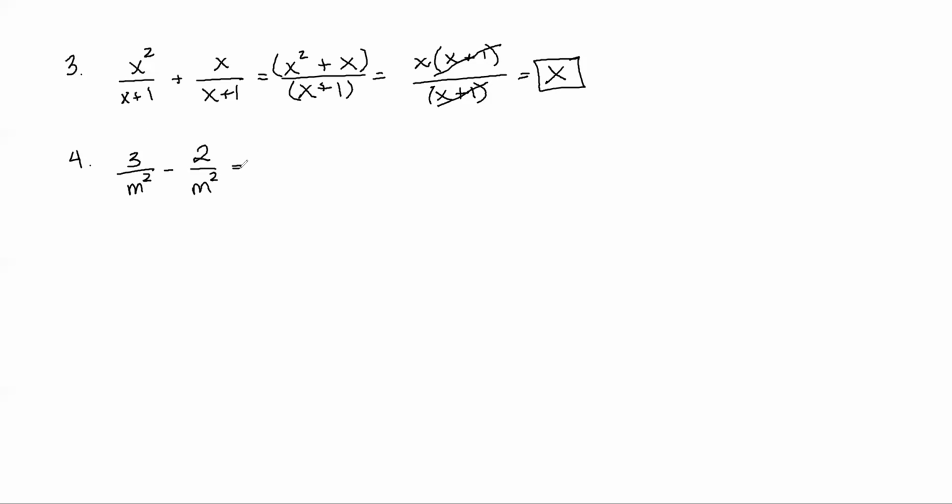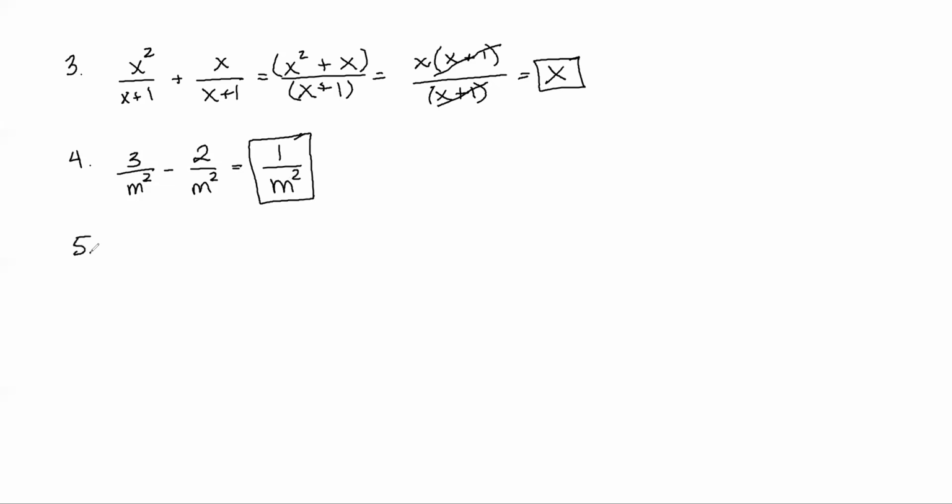With one like this, when you have just numbers on the top, it's not too bad. Think regular fractions, we just subtract the numerators since the denominator is going to stay the same. 3 minus 2 is 1. 1 over m squared is just 1 over m squared. There's nothing we can cancel. There's no factoring to do.